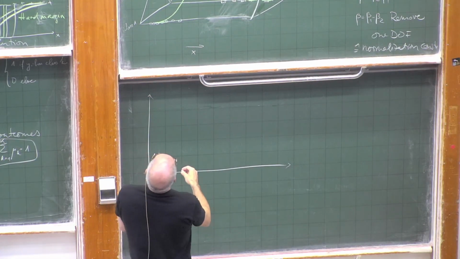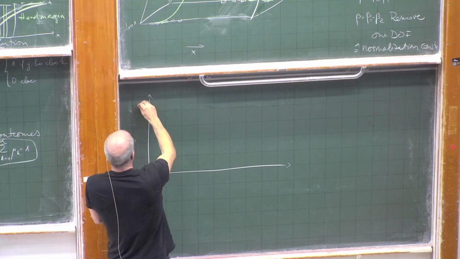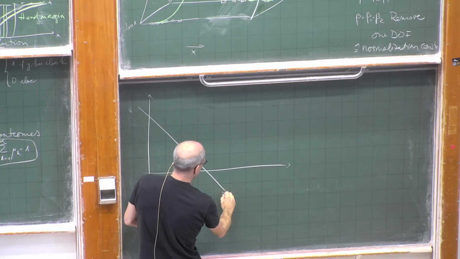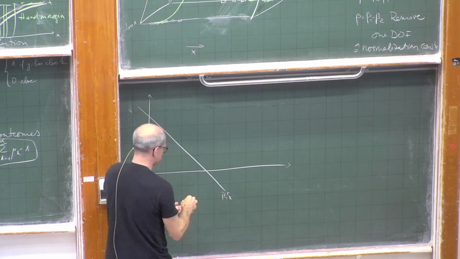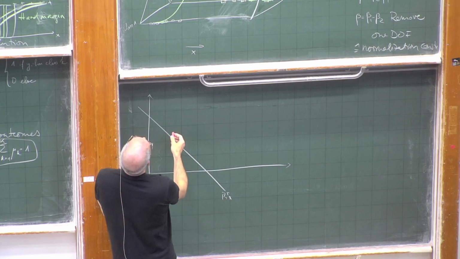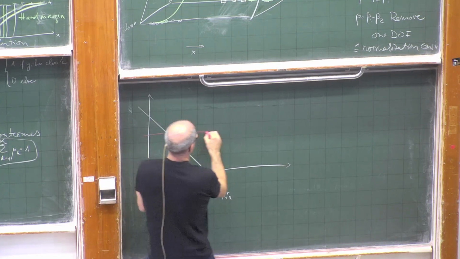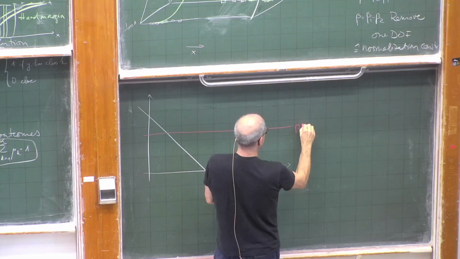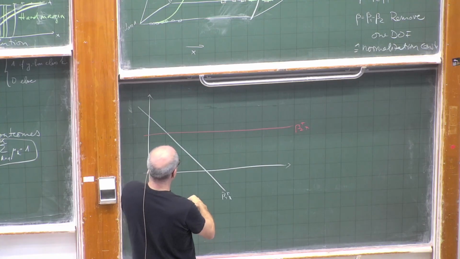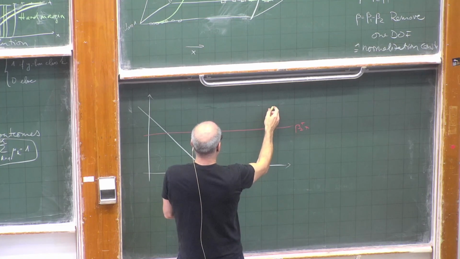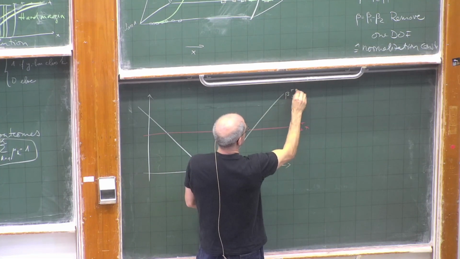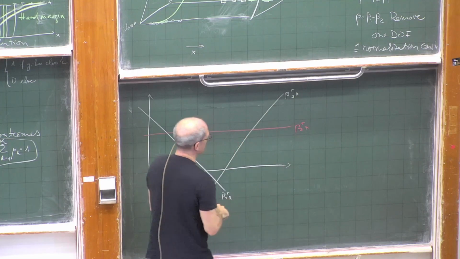And let's say this here is beta 1 transpose X. And maybe this here would be beta 2 transpose X. And yellow for the third class, this would be beta 3 transpose X.